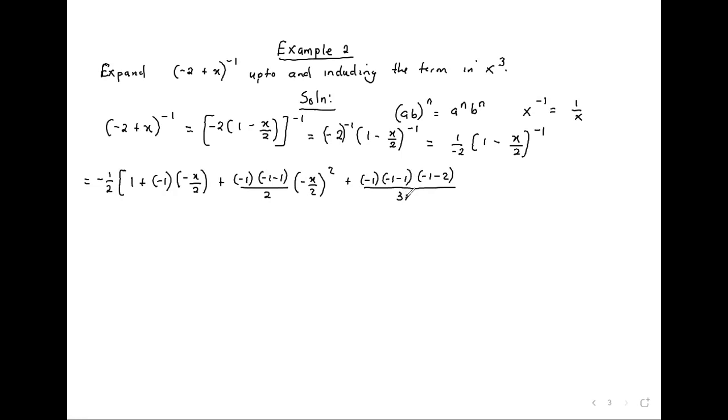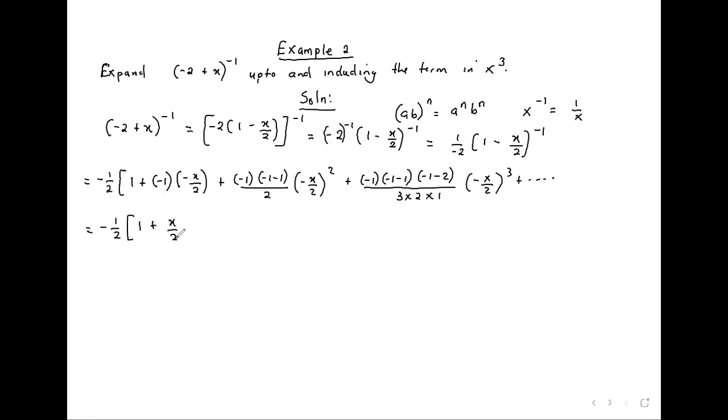We said 3 factorial is just 3 by 2 by 1, (-x over 2) power 3. So that we get -1 over 2, then 1, negative by negative, we get plus x over 2.